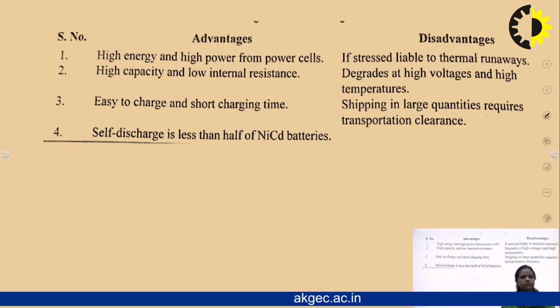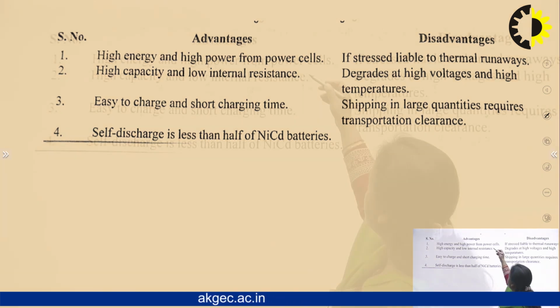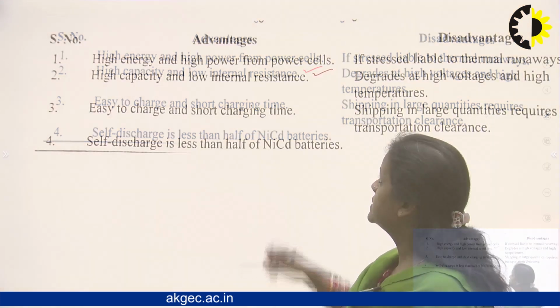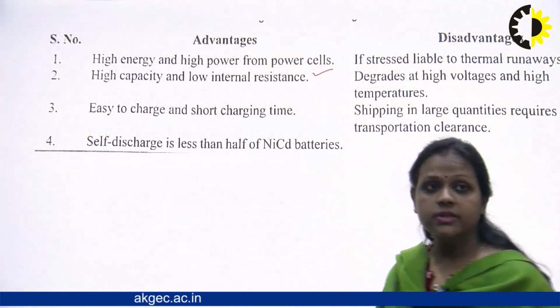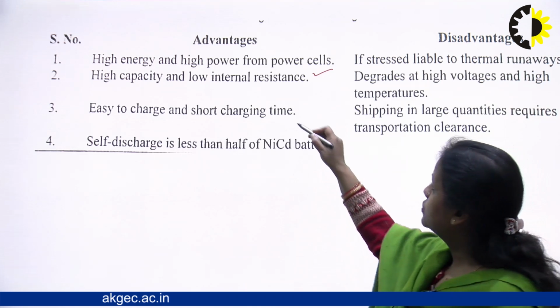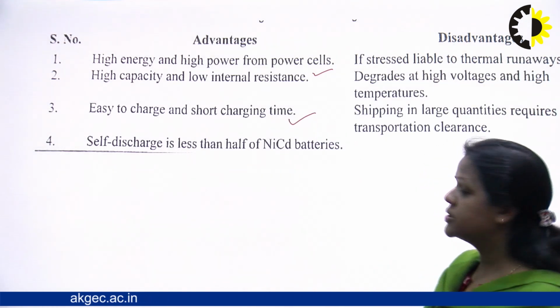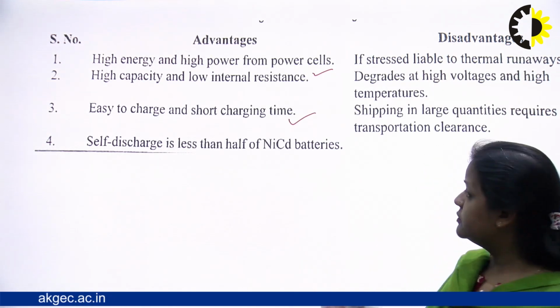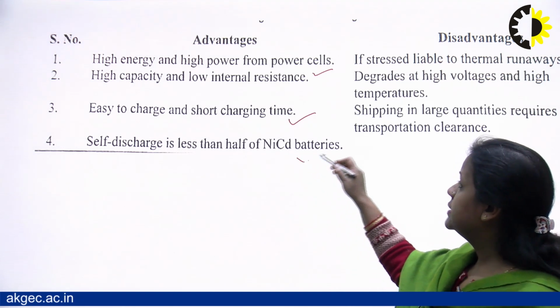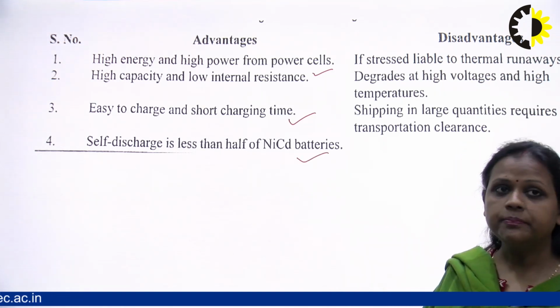There are some advantages and disadvantages of these lithium ion batteries. The advantages are high energy and high power from the power cell, high capacity and low internal resistance, easy to charge and short charging time. Then self discharge is less than half that of the nickel cadmium battery.